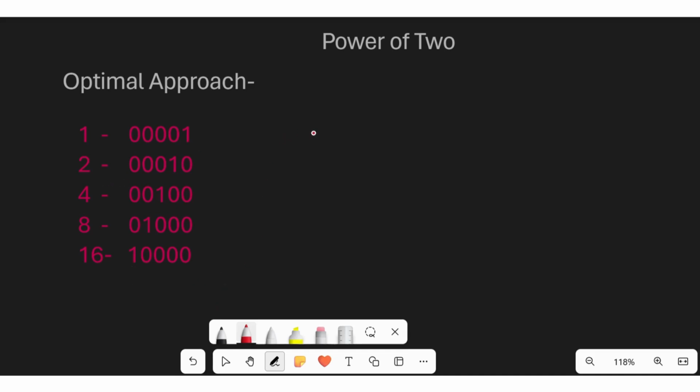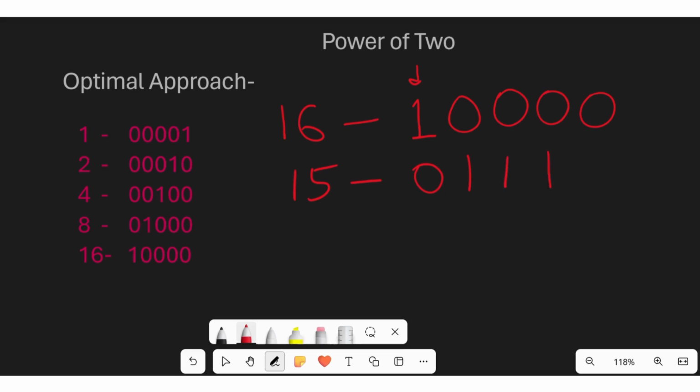Now suppose we have 16. It can be written in binary as 1 0 0 0 0. We can see that it has only one 1 at this place. And now if we write the binary of its preceding number, that is 15, its binary will be 0 1 1 1 1.